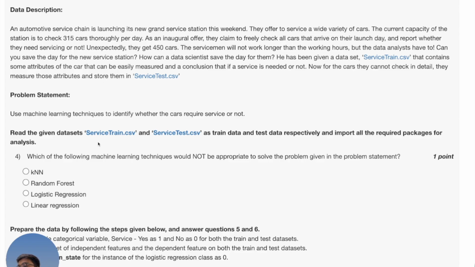choosing the right machine learning technique. KNN can classify the data points into categories. Yes. Random forest can do classification. Logistic regression, despite the name, is used for classification.